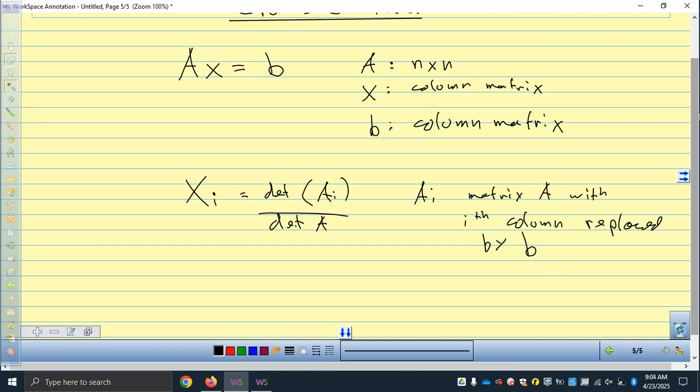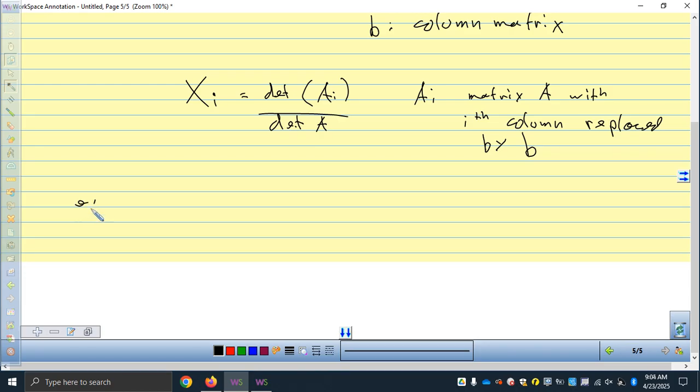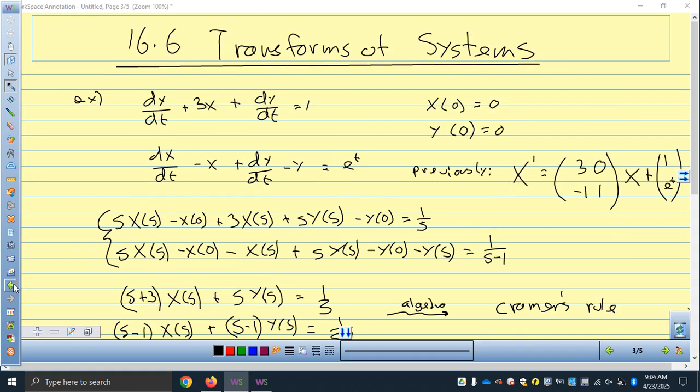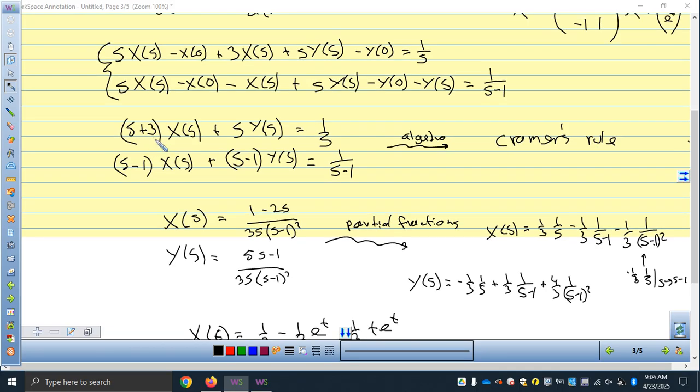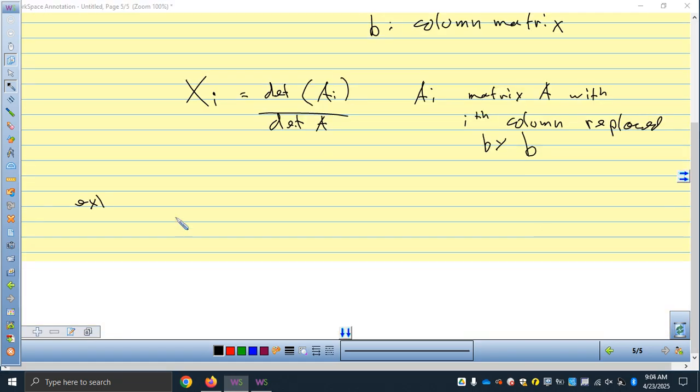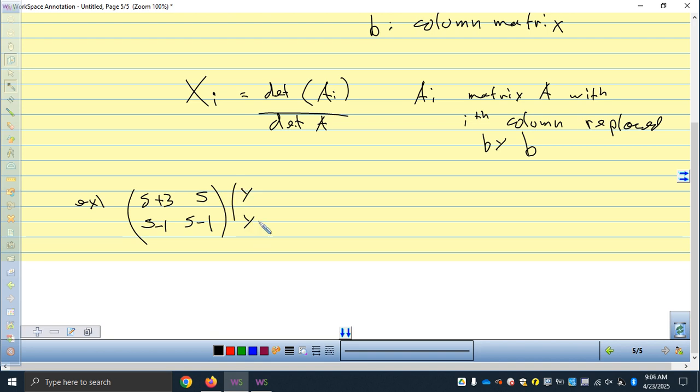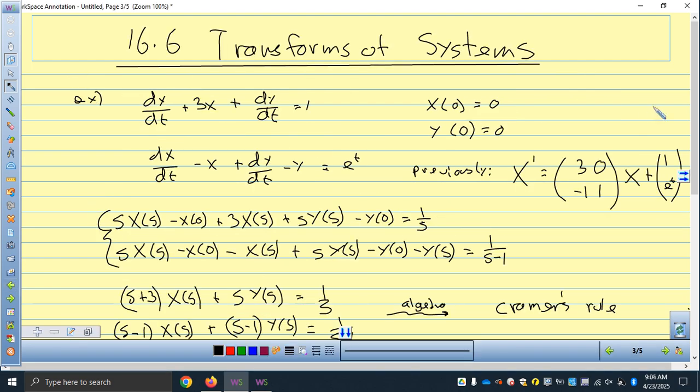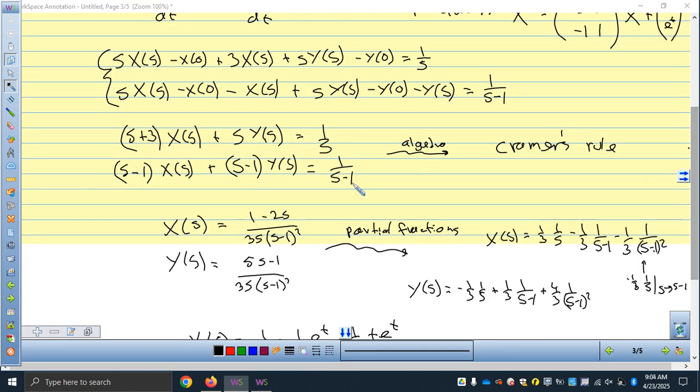So let's go back to our first system that we had here. So our coefficient matrix is s plus 3, s minus 1, s, s minus 1. And we have x, y, and that equals our constant matrix, 1 over s and 1 over s minus 1.